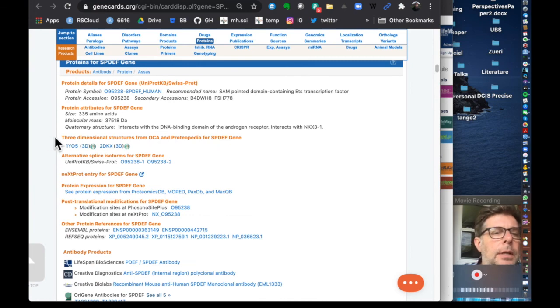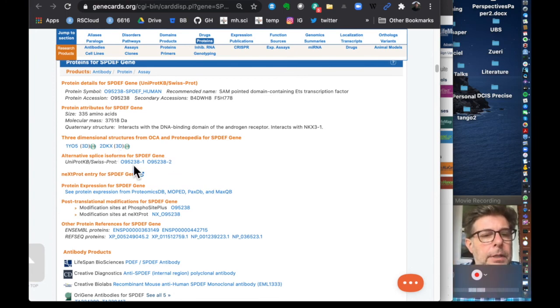Okay, and you see that there are now links to external resources to show the structure of SPDEF. I won't click on those now, but they're different databases where crystallography or NMR has determined the structure of that protein, okay, in 3 dimensions.